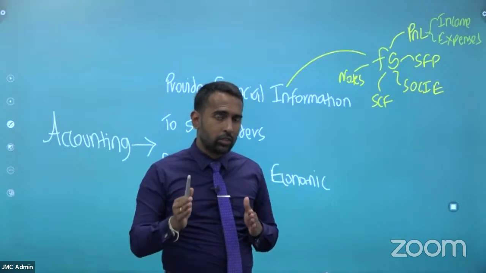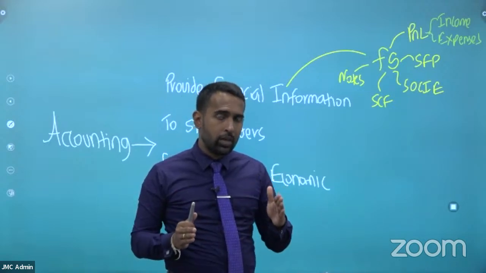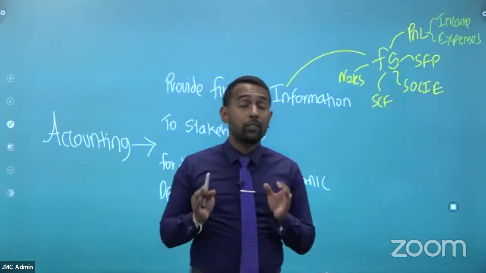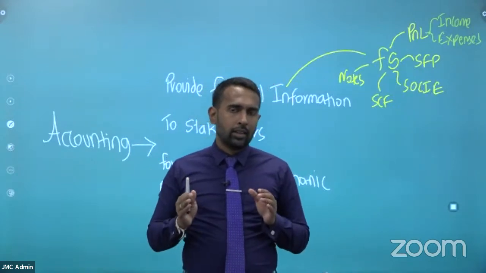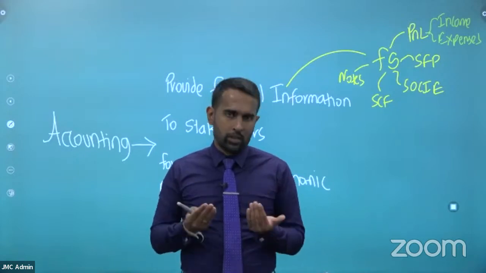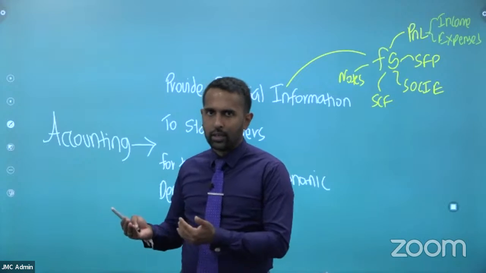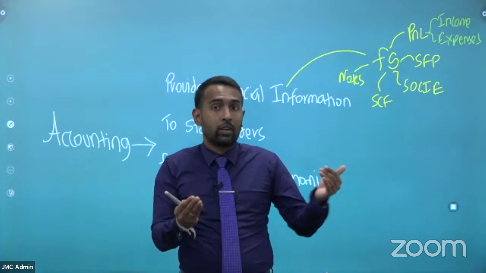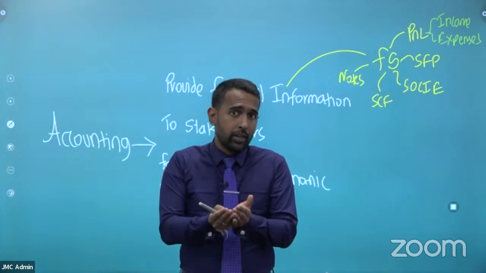What is the income generated by that particular entity? That entity can be a person, a company, a sole proprietorship, a partnership, a government, anyone doing economic activities: buying and selling, transactions, rendering of services. A financial year can be from 1st of January to 31st of December or 1st of April to 31st of March. It shows your financial performance: what your income and expenses were, and what your net profit is.